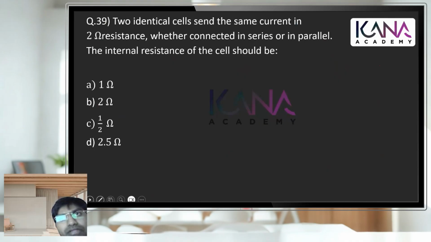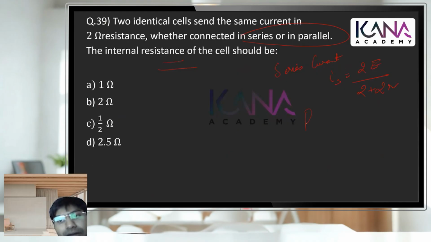There are two identical cells giving the same current through 2 ohms, whether they are in series or in parallel. We need to find the internal resistance of the cell. Okay, if it is in series, the current will be 2E by 2 plus 2R.